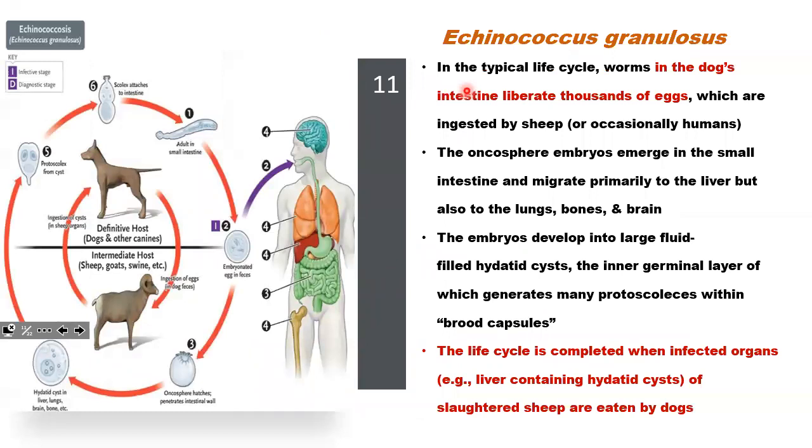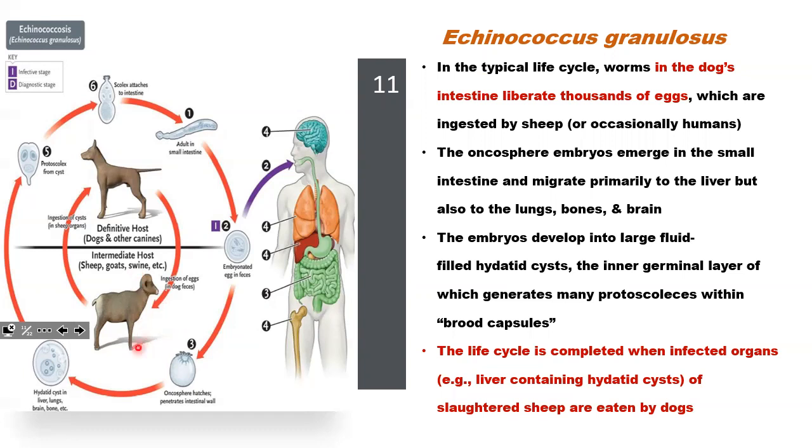We move on to Echinococcus granulosus. Now this tapeworm is the tapeworm of dogs. Dogs are the definitive host. So the usual life cycle involves an infected dog passing out the eggs in the environment. These eggs will now get to the grazing site of the intermediate host, usually herbivores such as sheep and goats.